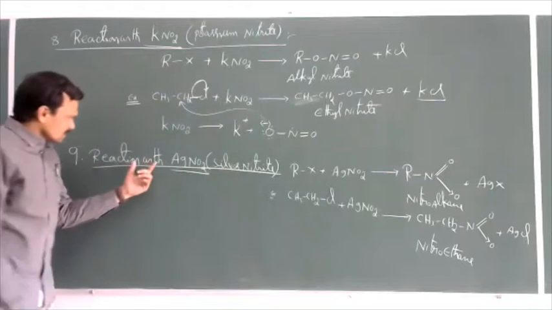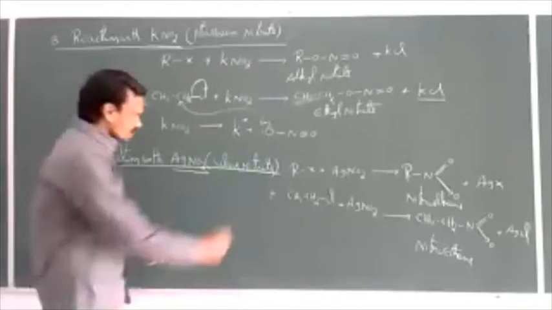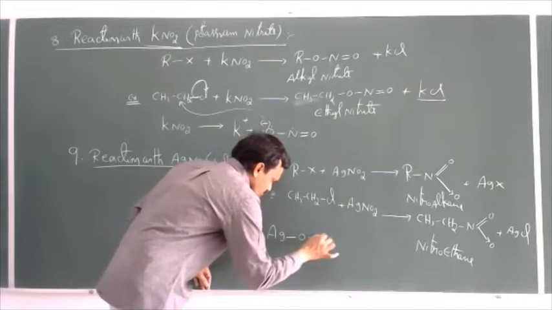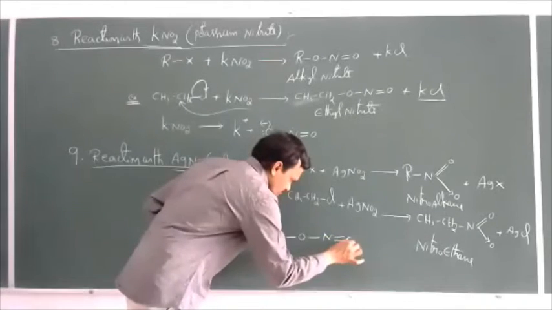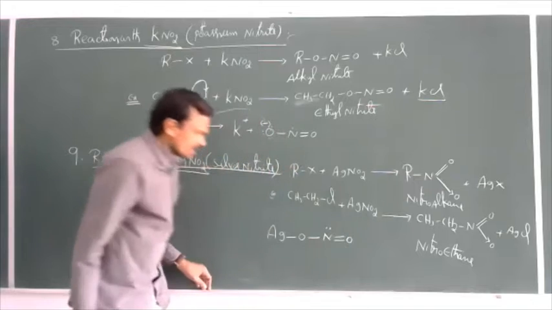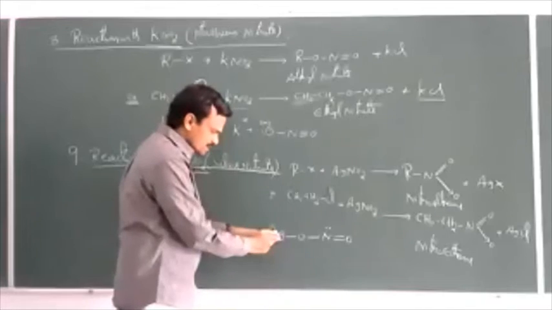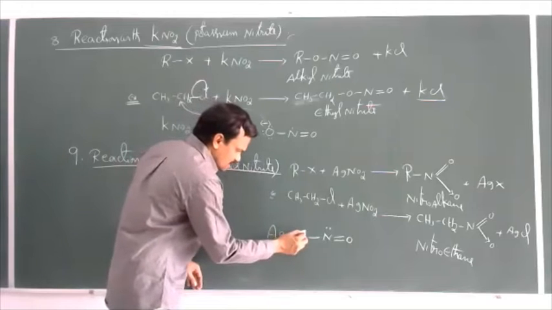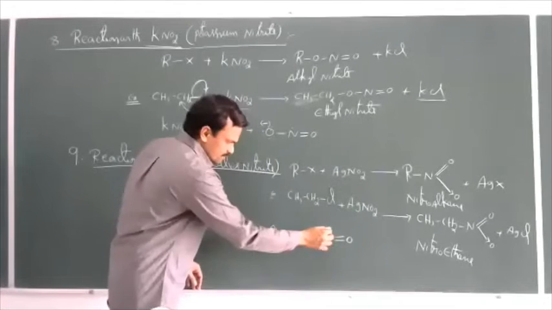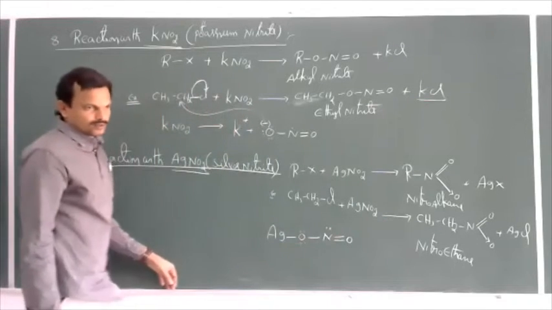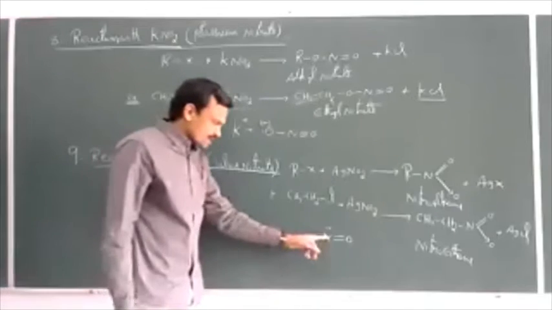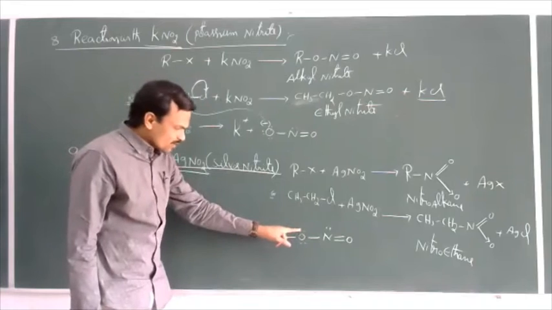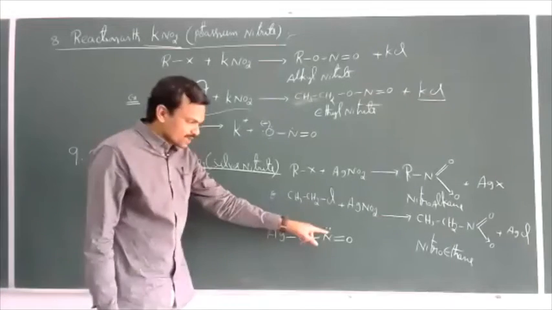The same, if you take this reaction with AgNO2, here the bond between silver and oxygen is covalent in nature, and here also oxygen contains 2 lone pairs of electrons, nitrogen contains 1 lone pair of electrons. But among nitrogen and oxygen, oxygen is more electronegative. It cannot donate a lone pair of electrons as readily as nitrogen.